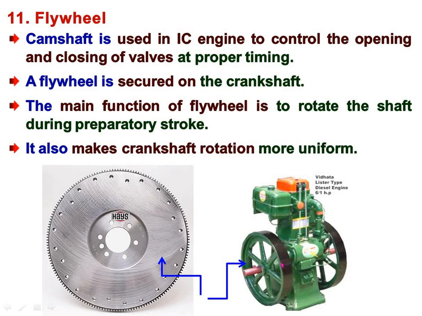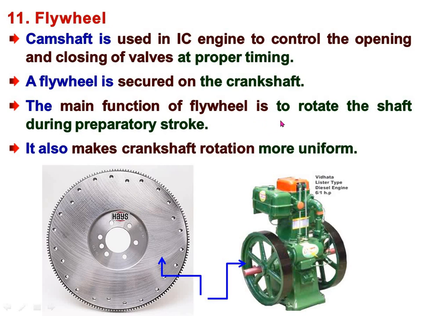This is a four-stroke IC engine, our ordinary diesel engine, so the size of the flywheel is big. In the two-stroke engine, the flywheel has less weight and its size is less.